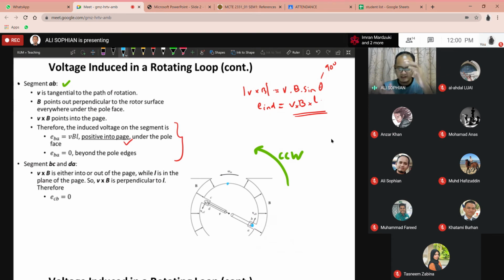Imagine the rotor rotates, and now AB is in the top position. Then a different voltage will be induced. Actually, at that point, the induced voltage will be 0 on that segment. Why?